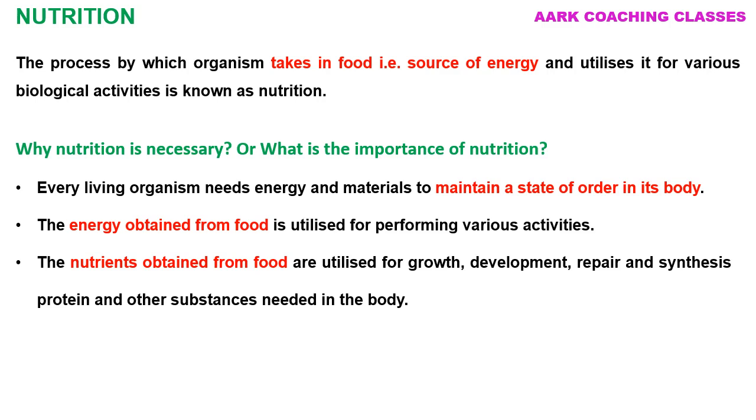And it is universal for each and every living organism, let it be a unicellular organism like bacteria, prokaryotes, or amoeba, paramecium, or let it be a plant or human being or any other organism.